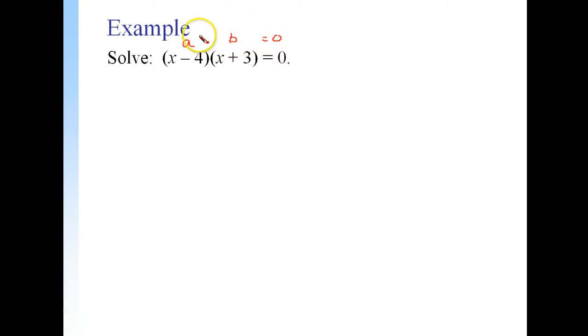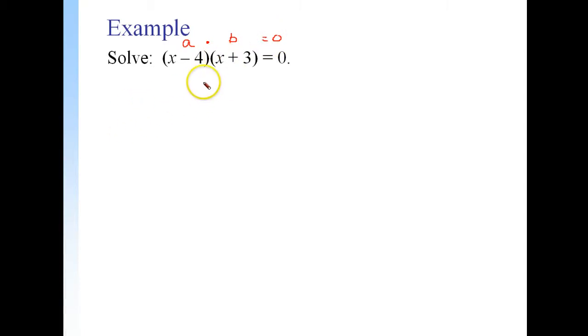This is the principle of zero products. Now, what are we saying is a? Well, we're saying this is a, and this is b. And we just said that the way we solve it is that either this is equal to 0 or this is equal to 0 in order for the product of this to be 0.